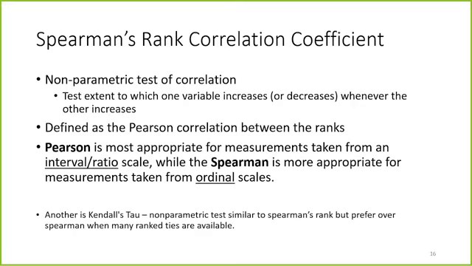Spearman rank correlation coefficient is non-parametric. It means that we no longer have the assumption that our data needs to be normally distributed. It also tests correlation the same as the Pearson correlation coefficient, which means one increases, another increases or decreases.